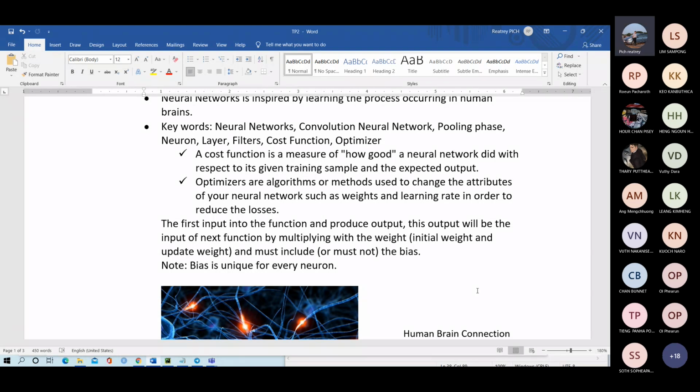For example, if you download or upload some image and you get 90%, you have 10% of lost data. So a cost function is a kind of measuring function that you use to identify how good your system is. This is the way you use it for our neural network.